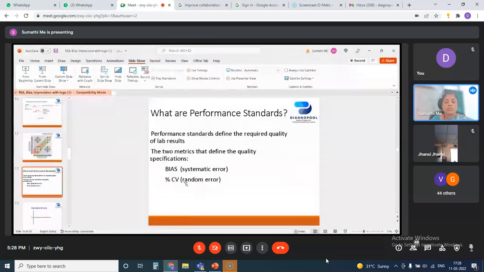As I told you, the analytical errors comprise both systematic errors and random errors. In the analytical process, these are the two metrics we have to capture.